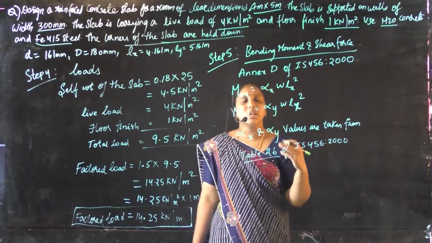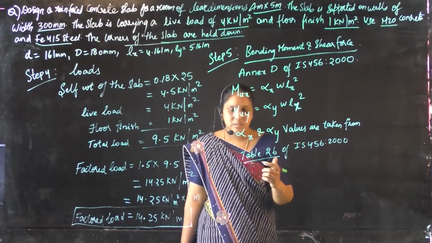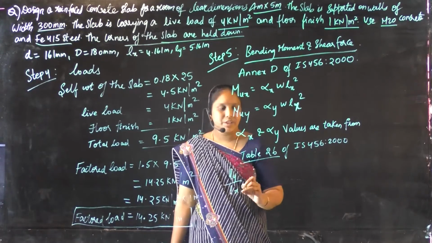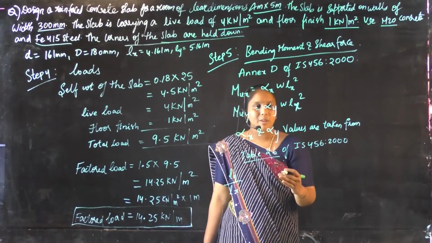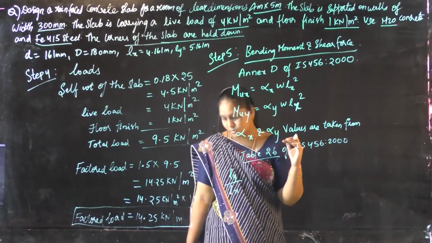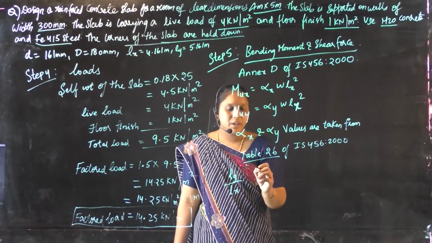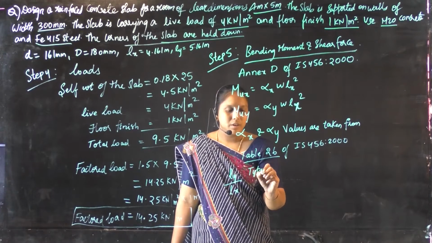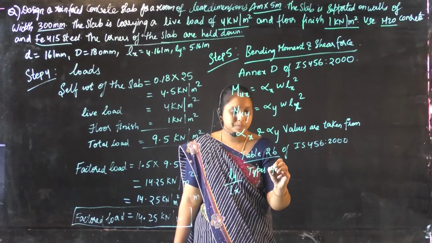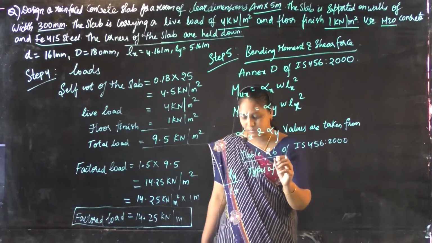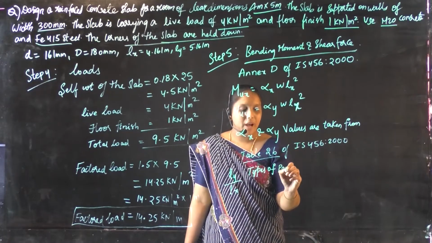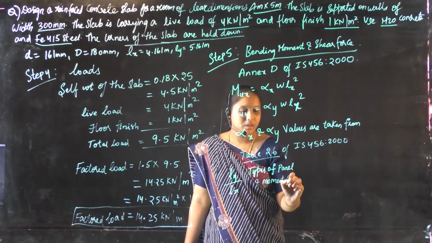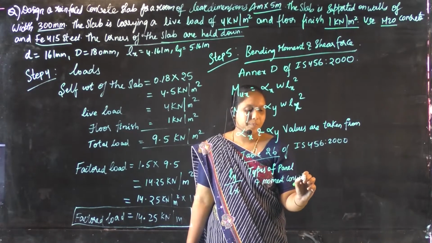What does that table contain? It consists of Ly by Lx ratios, and there are different conditions like types of panel and moment considered.